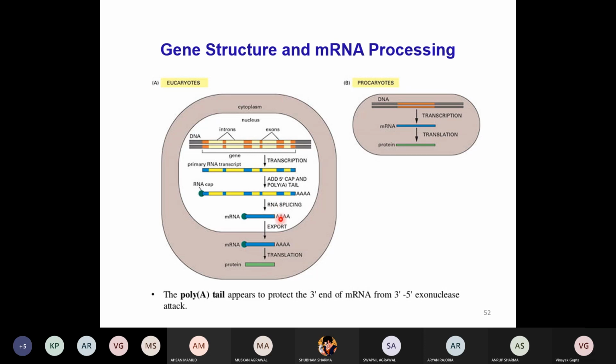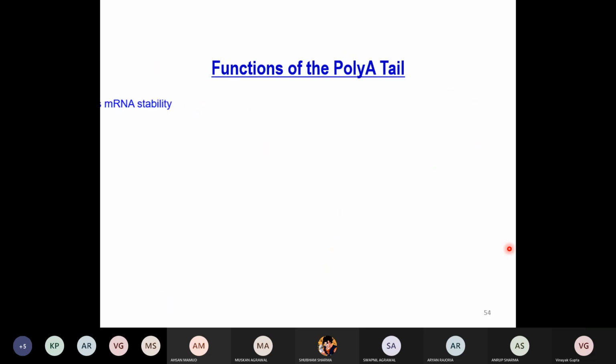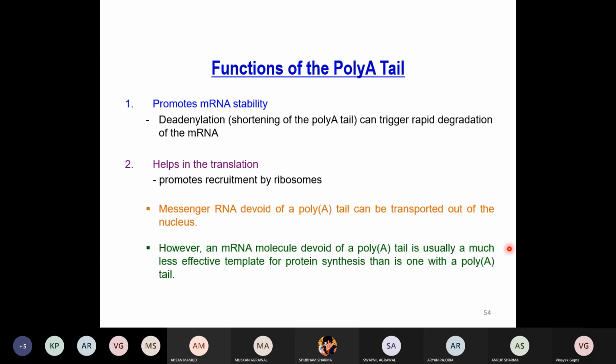But later on, when people did the experiment, they removed the poly A tail. Then also the mRNA was able to come out of the nucleus into the cytoplasm. So that means it is not actually important for the export process. It is important for the stability of the mRNA and helps in the translation. Any doubt here with respect to the cap and poly A tail?